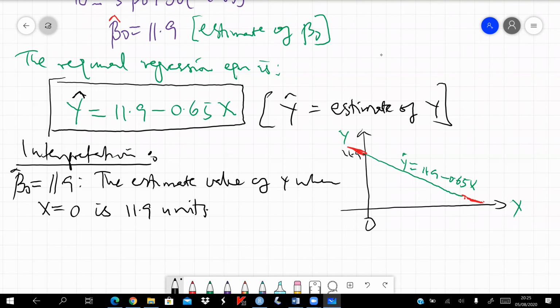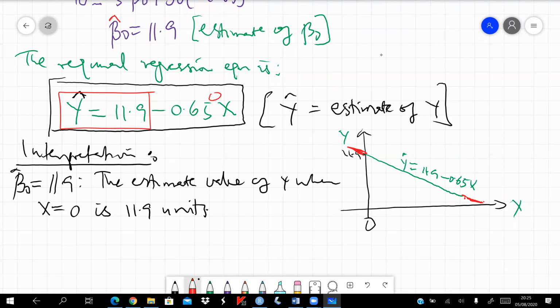If you put x as 0 here, then this is what remains. That's what it means. That is straightforward.